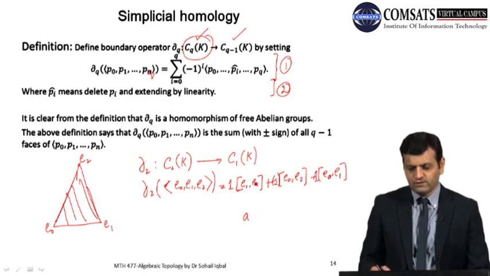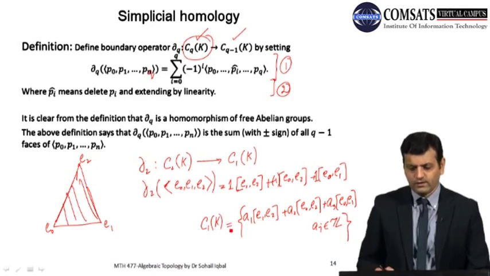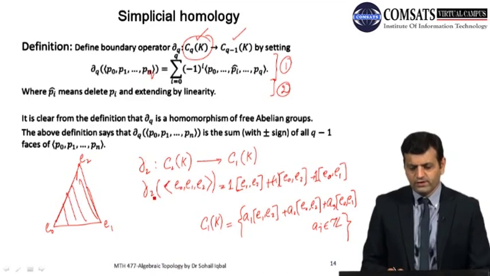In general the elements of C_1(K) are a1[E1, E2] plus a2[E0, E2] plus a3[E0, E1], where the a_i belong to the integers. That's how we define C_1(K). So this boundary operator partial 2, when applied on this, gives me this element of C_1(K).